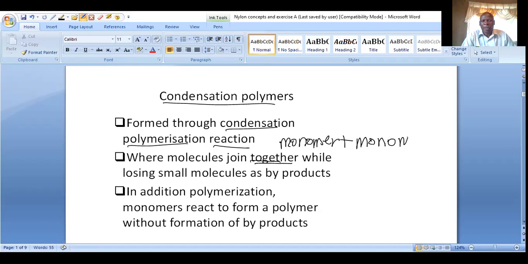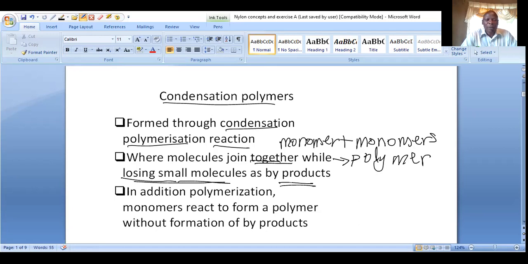You join together the monomers, and what you form is a polymer. This process is known as condensation polymerization because while joining together the smaller molecules known as monomers, you are losing smaller molecules as byproducts.